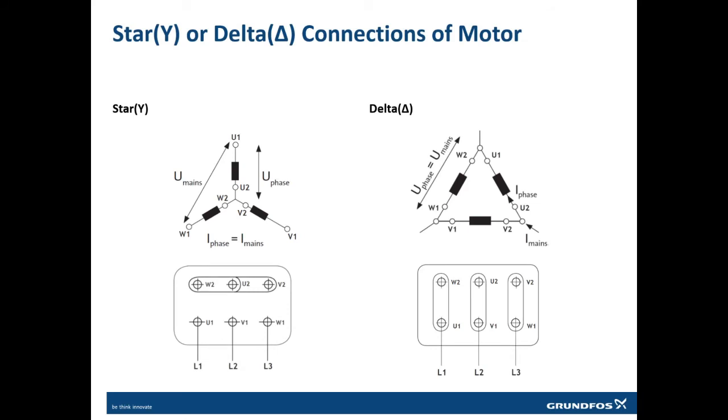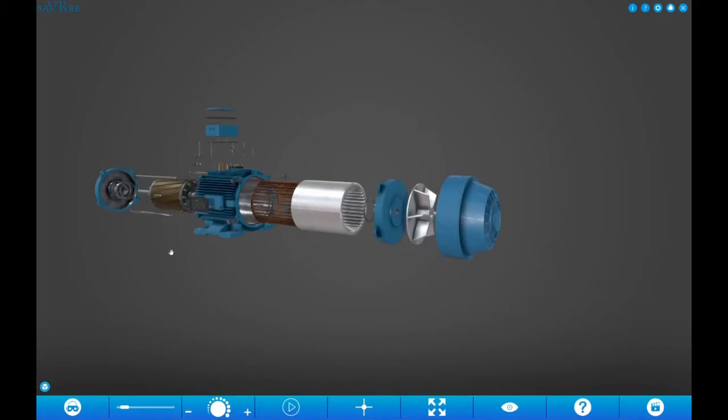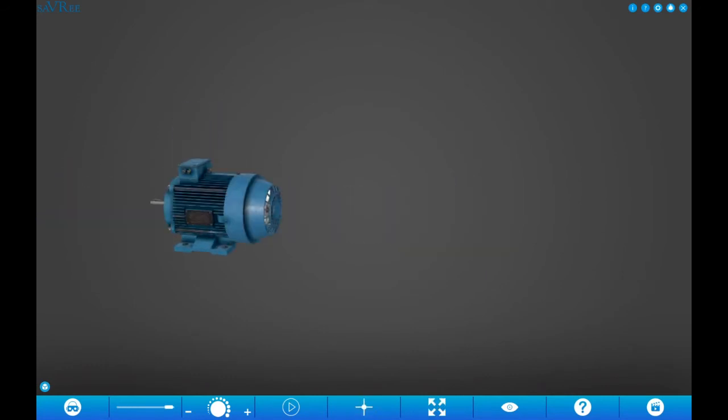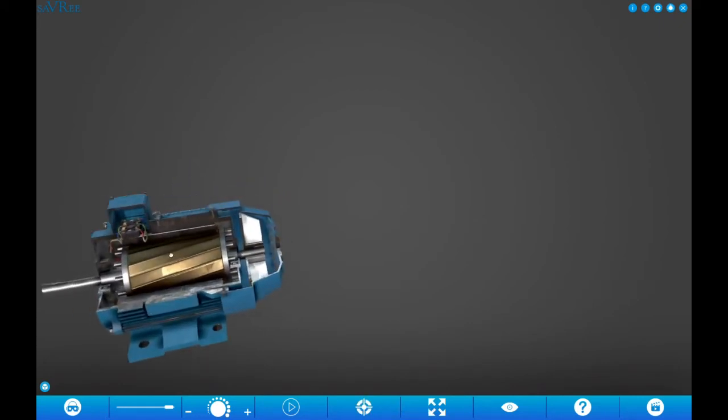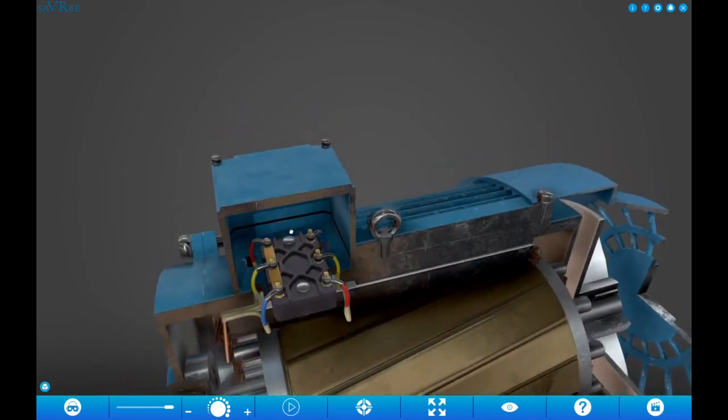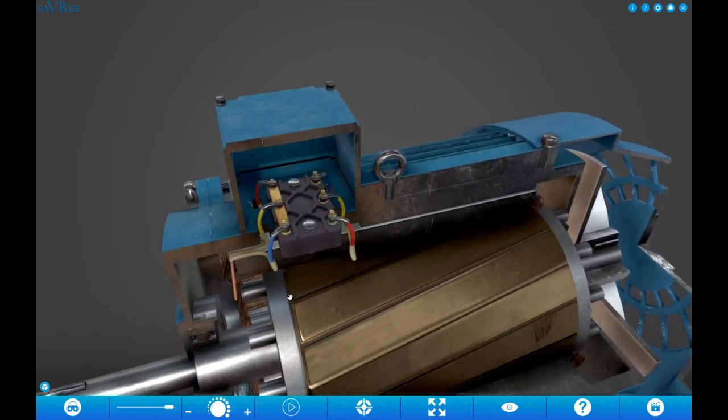If you see the motor, the motor has this terminal box. Now this terminal box is where you will bring and connect your three phases: phase 1, phase 2 and phase 3.